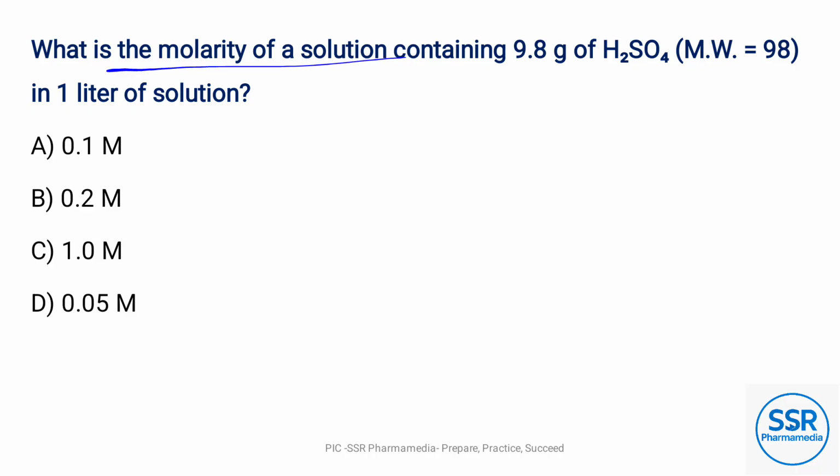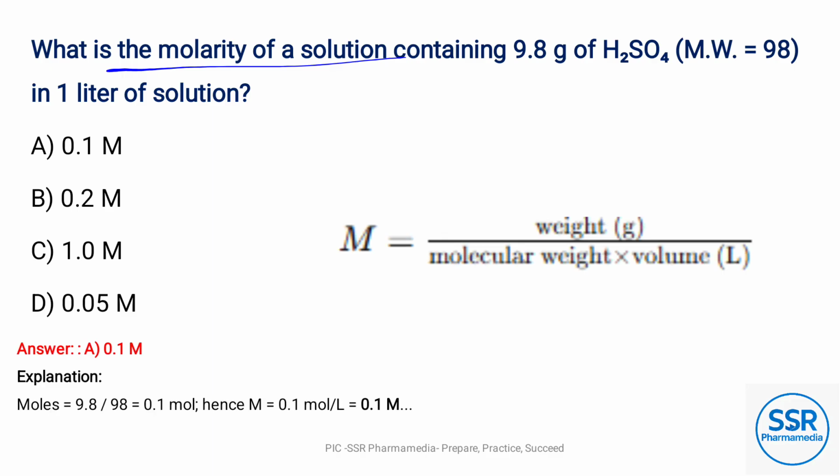What is the molarity of a solution containing 9.8 gram of H2SO4 in 1 liter of solution? So the answer is option A, 0.1 M. Molarity formula: weight of the substance divided by molecular weight into volume, number of liters of volume.